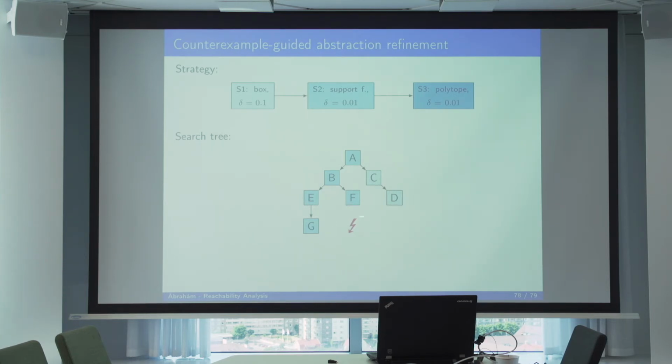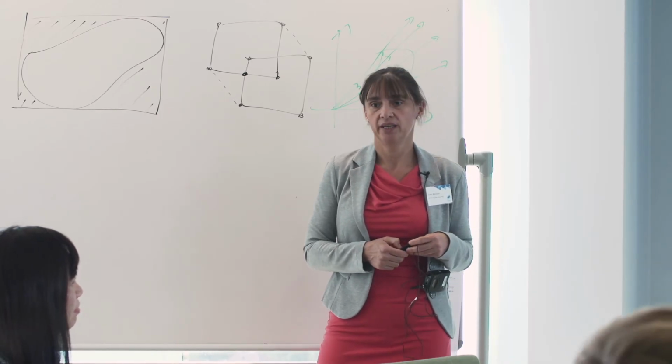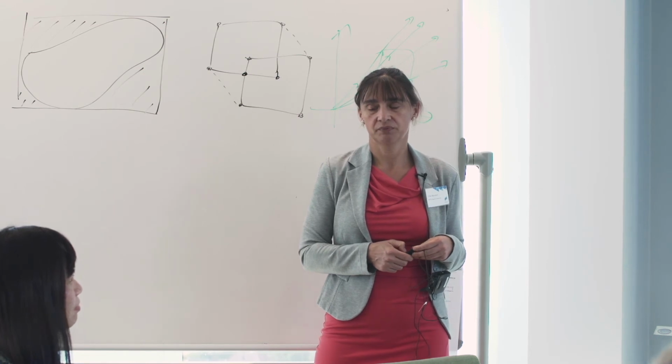And it can be that it still contains a counterexample, so I move on to the next representation, and I will only refine this path. And if it is now safe, then I'm done. So instead of repeating the computations 3 times, I really used a minimal redoing of work in order to exclude counterexamples.